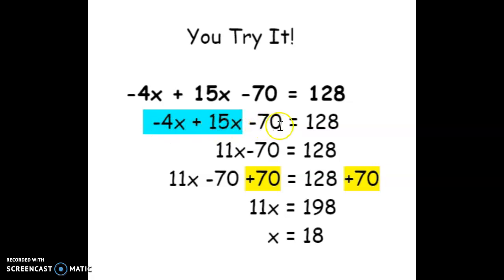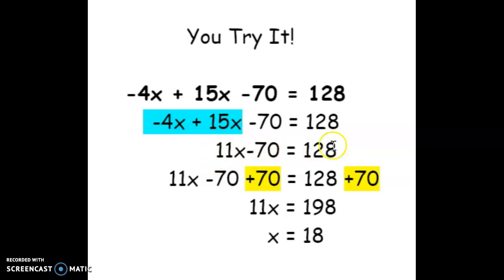We left the negative 70 equals 128 by itself. So as we look at negative 4x plus 15x, we know that we get 11x. We put that down, making sure that we line up the equal signs. We kept our negative 70 and our 128 as it is. So our new equation became 11x minus 70 equals 128.